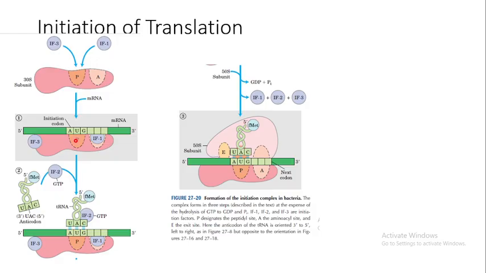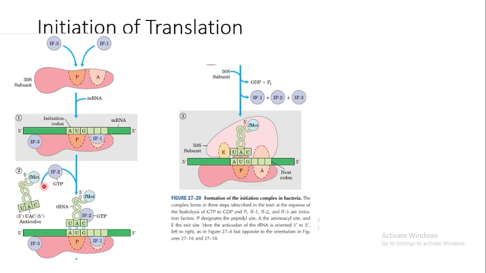Now in the next step, the IF2, which is bound with the GTP, will recruit the aminoacyl tRNA, which has the UAC anticodon loop and is carrying the fMethionine.